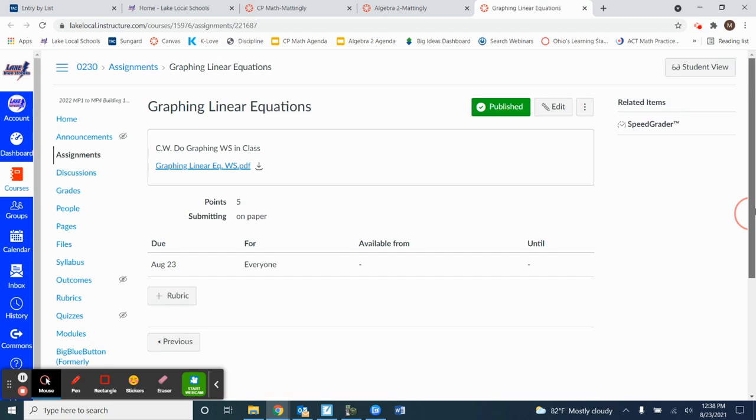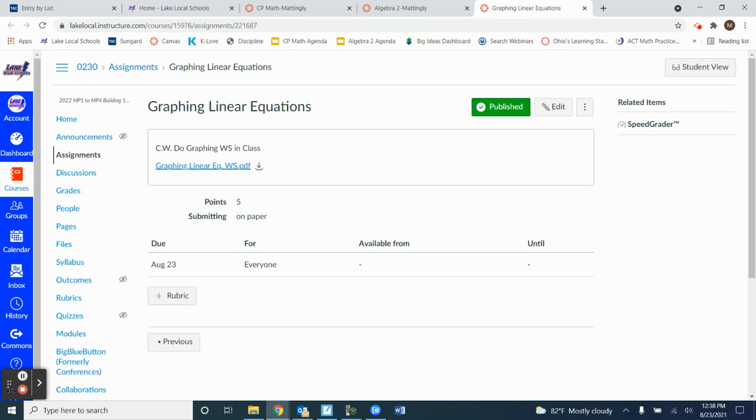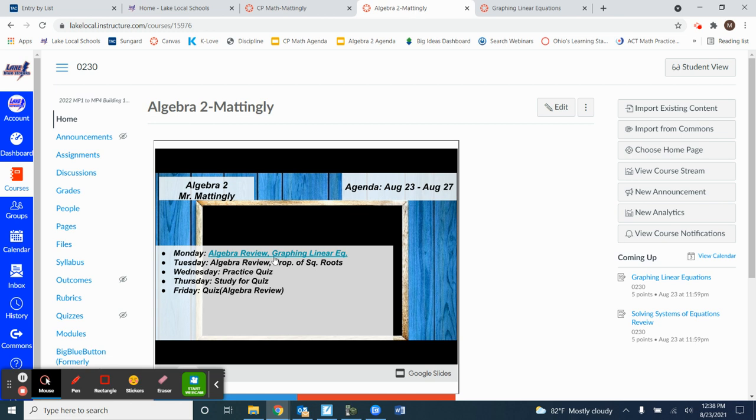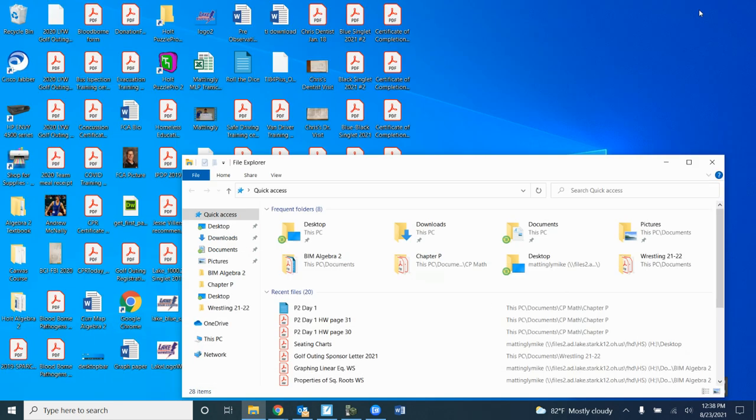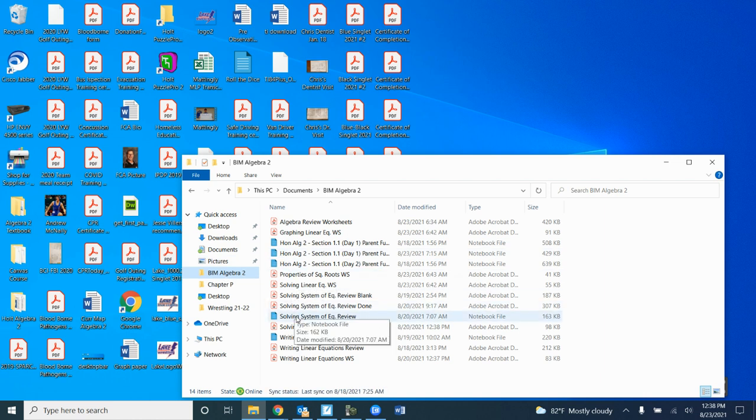The negative y, you're going to get y equals 2x minus 3. I took 2x to the other side.